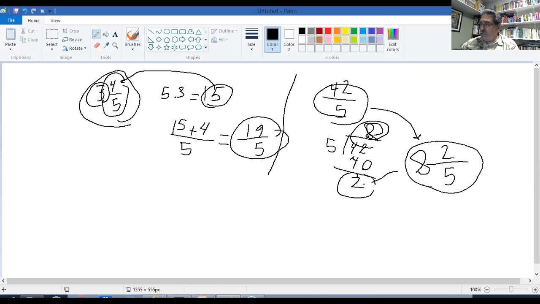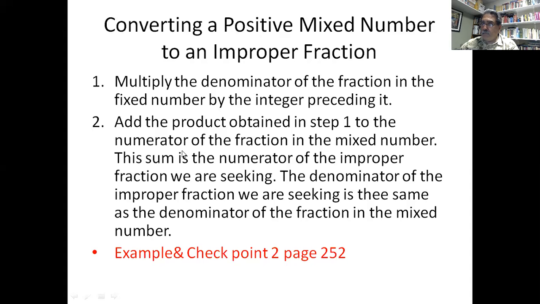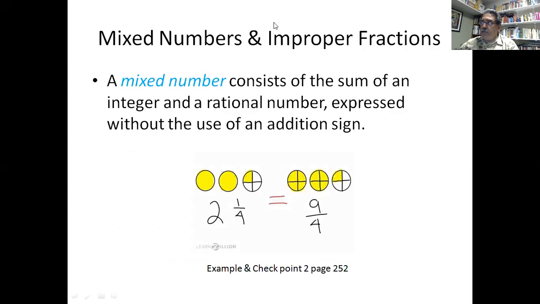Let's continue. Okay, we did that. Mixed number and improper fractions. A mixed number consists of a sum of an integer and a rational number expressed without the use of an addition sign.